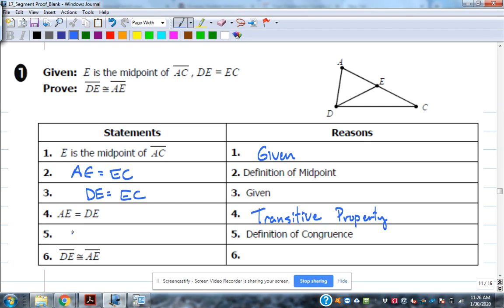So segment AE is congruent to segment DE, but our proof statement wasn't in that order. So it's symmetric property of congruence. What allows us to turn it around there.